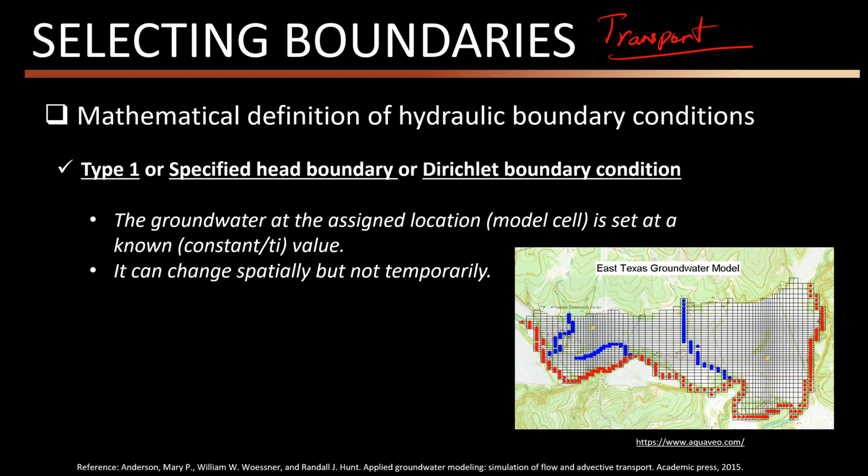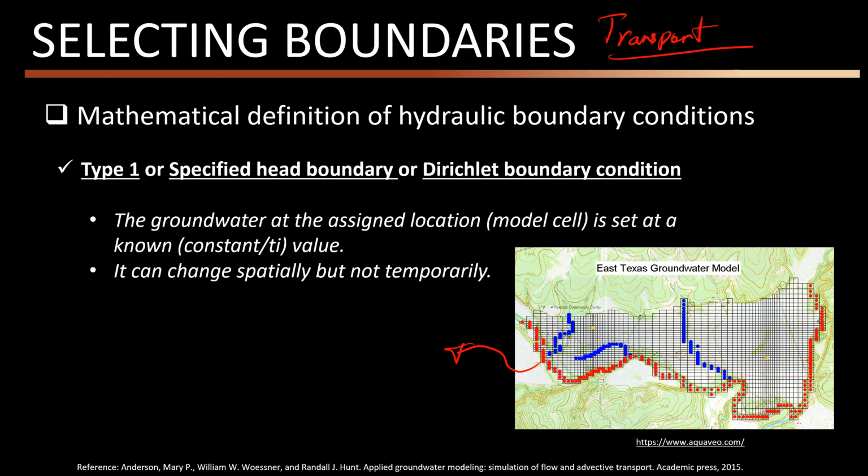What type of boundary condition is this? If you look at this model, the space is discretized into different size cells. Here, these red cells are assigned a specified head boundary condition. It means that I know what is going on in each of those cells.